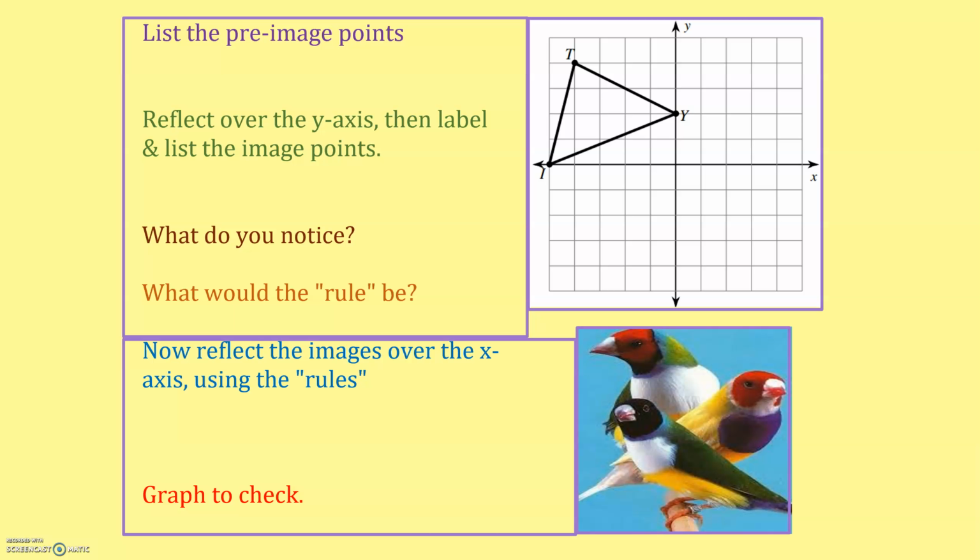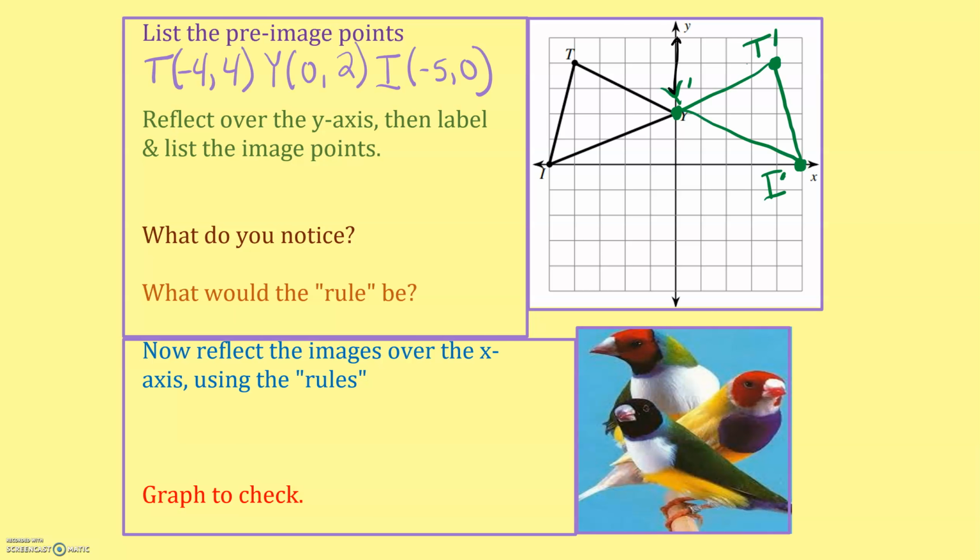You're going to try and reflect that over the y-axis and look exactly at what that would mean if I were to flip it along this y-axis. What would end up happening to that triangle? And then you're going to list those image points. What do you notice and what do you think the rule would be? Pause the video, set it up, check it out, try and get that reflection in.